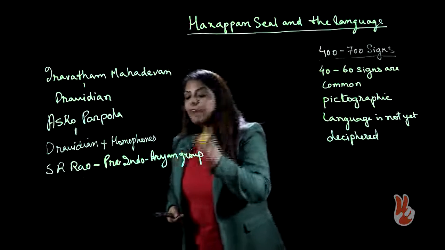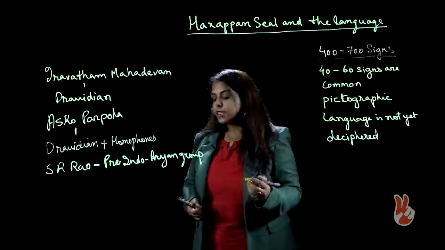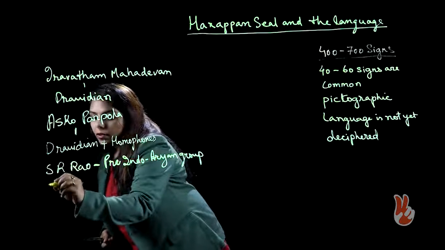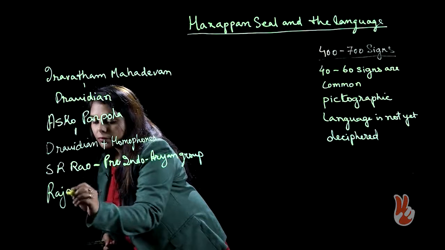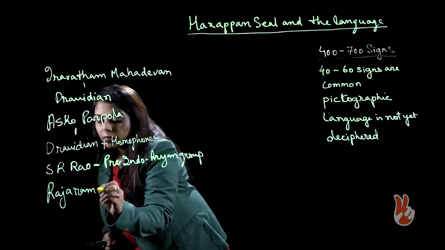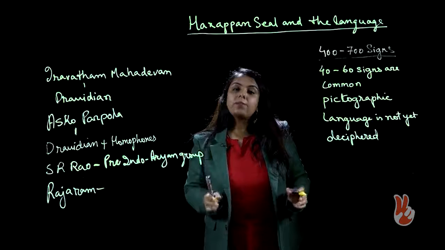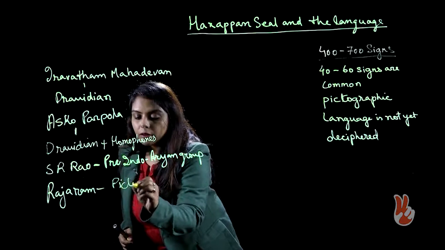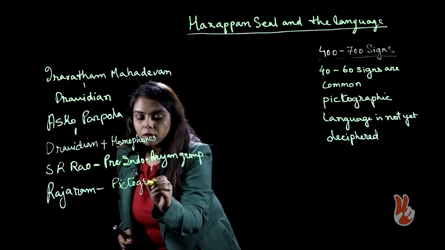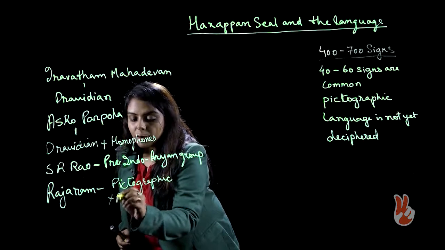With time, we have come across many other theories, such as the theory of Raja Ram. Raja Ram suggests that the script is basically pictographic, but it also has alphabets.